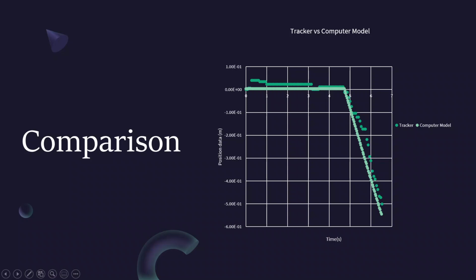And so, the comparison between the tracker and the computer model graphs. The computer model is the light green one, and the tracker is the darker green one.